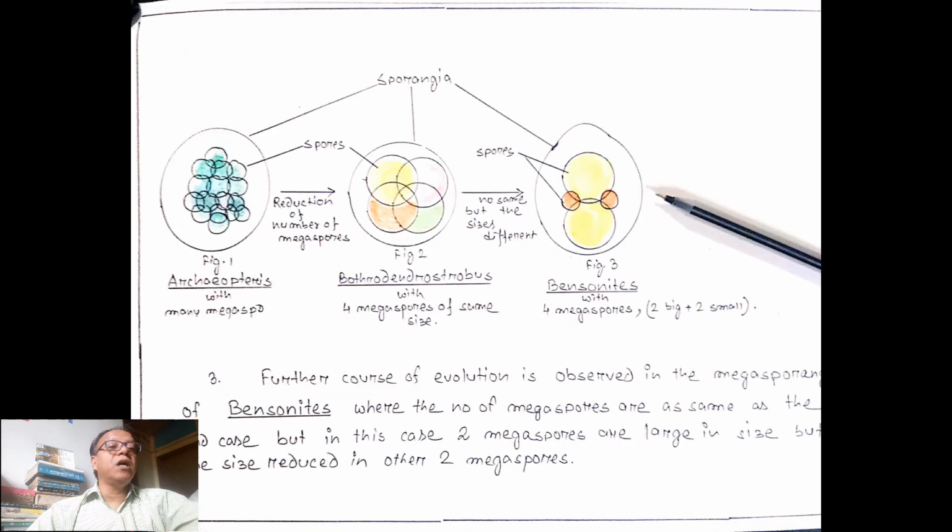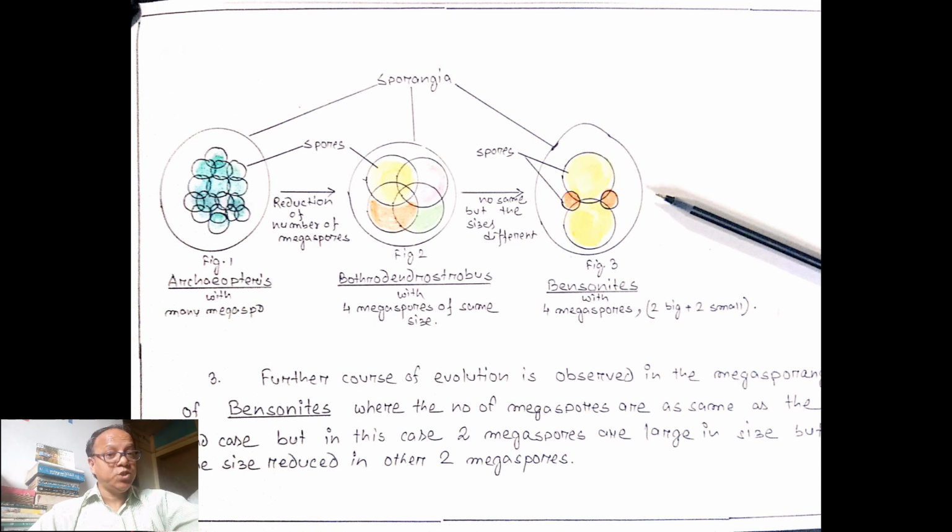Now we are moving to figure number 3. This figure is a representation of the Megasporangium of Bensonites. Here the further course of evolution is observed in the Megasporangium, where the number of megaspores is the same as in the second case.